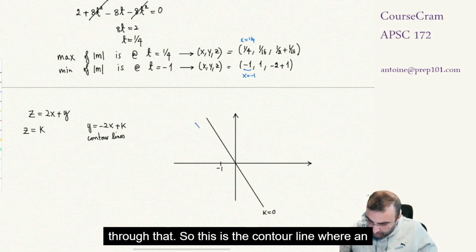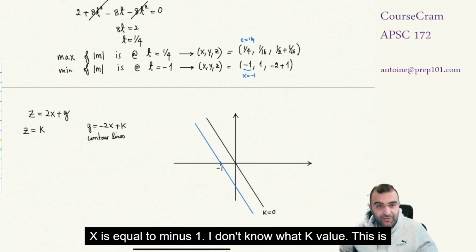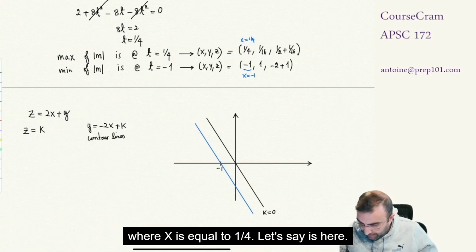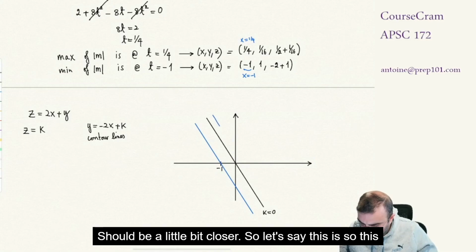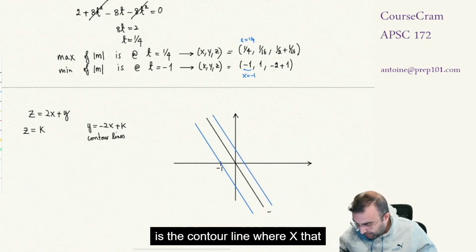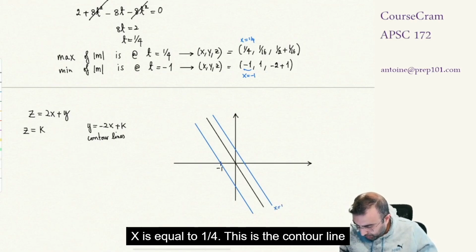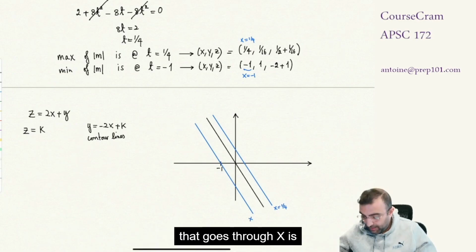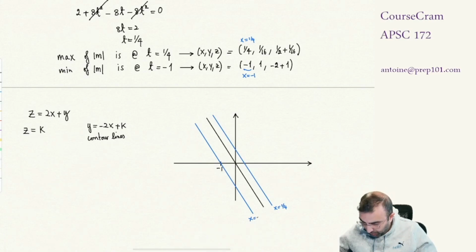So this is the contour line where x is equal to minus 1. I don't know what k value this is, we can figure it out later. And the contour line that goes through x equal to 1/4, let's say, is here. It should be a little bit closer. This is the contour line that goes through x equal to minus 1.